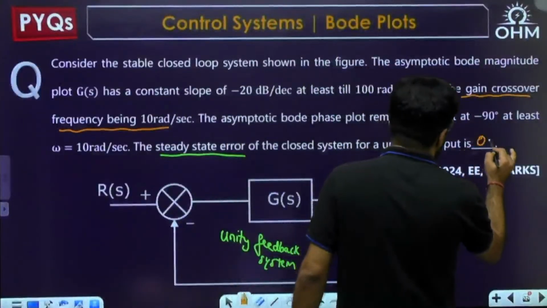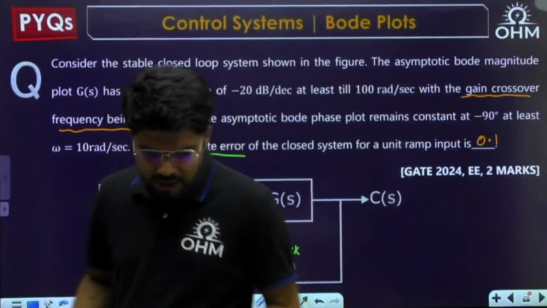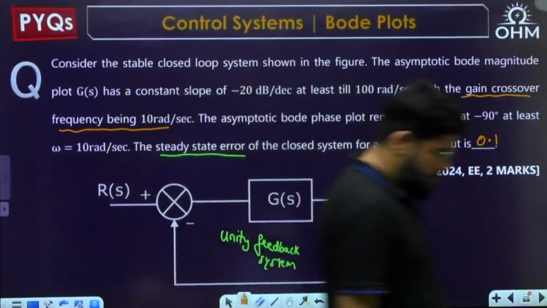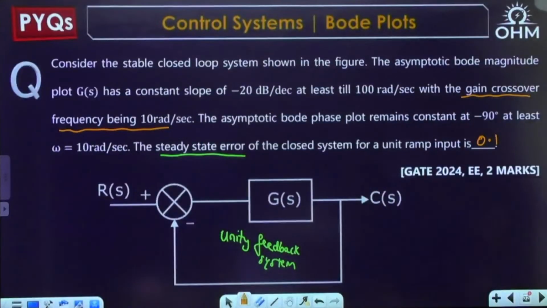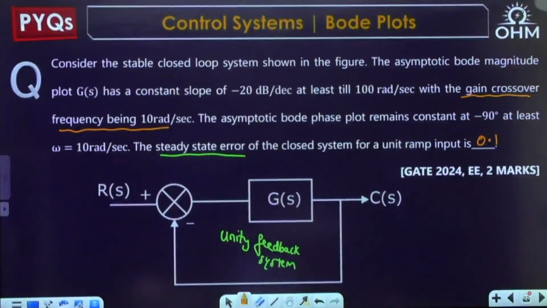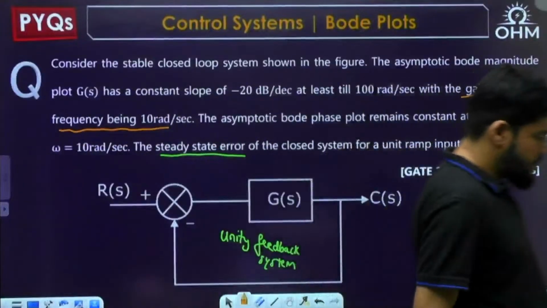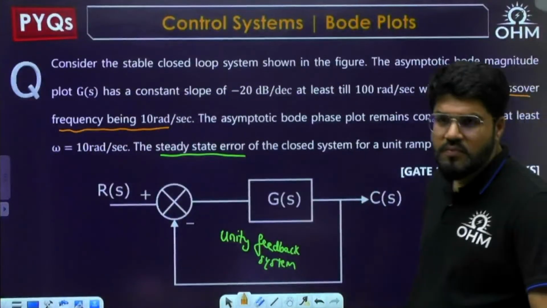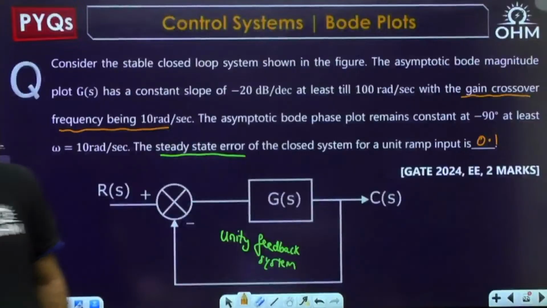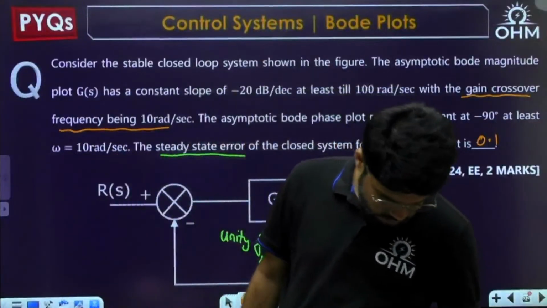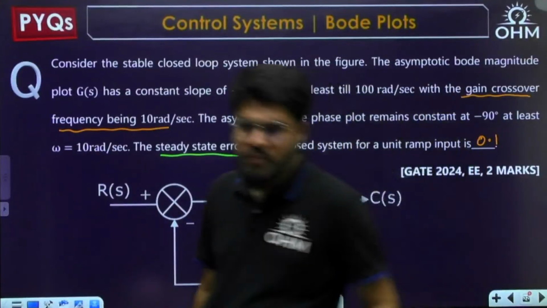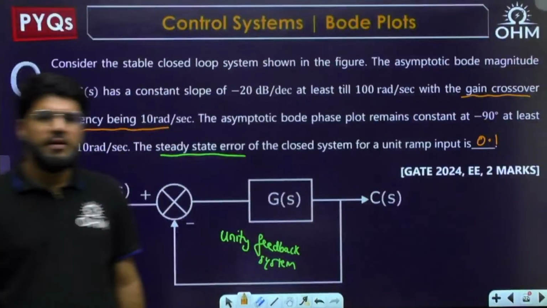Final numerical answer type data, it is 0.1, dear. Got it? It is 0.1. Okay, done.